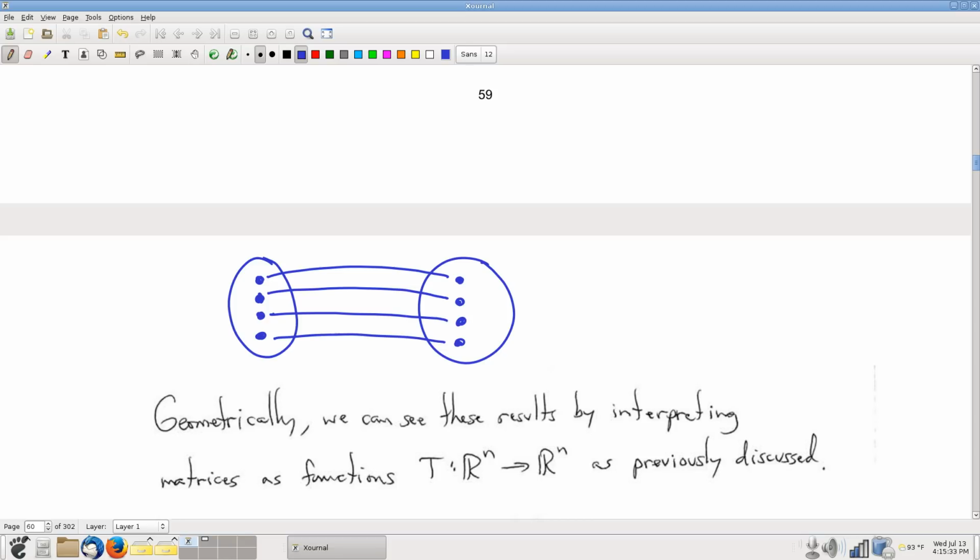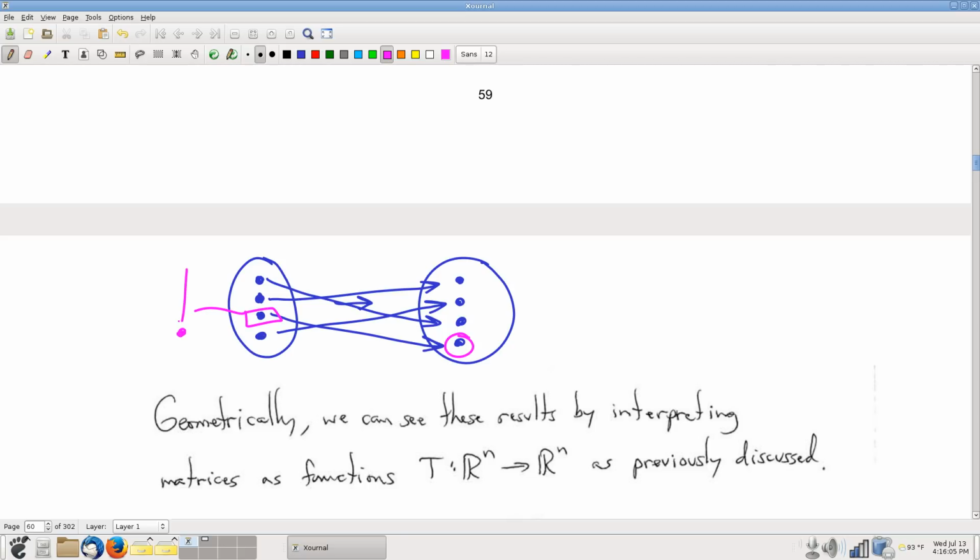You have to have exactly this. So you can't have anything other than this sort of a thing, and the arrow goes this way, by the way, there's our function. Now the lines might cross. Sure. But importantly, what we need is for every output vector, there needs to be exactly one corresponding input vector.